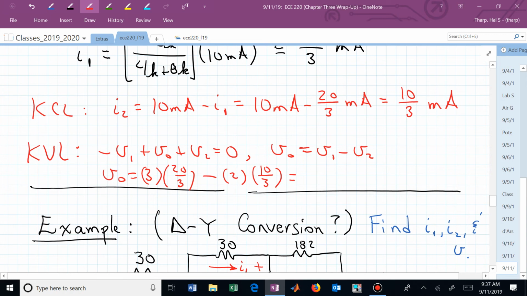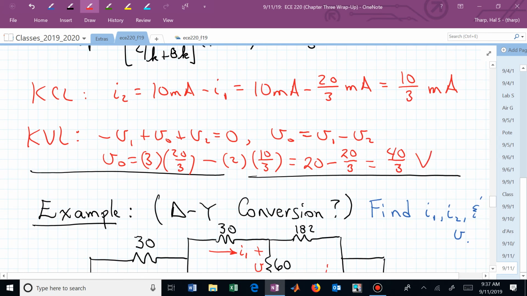So we now have 20 minus 20 over 3, or 40/3 volts. So we have a significant voltage drop across that air gap in our bridge. 40 divided by 3, a little over 13 volts that would appear across that air gap in our bridge circuit.